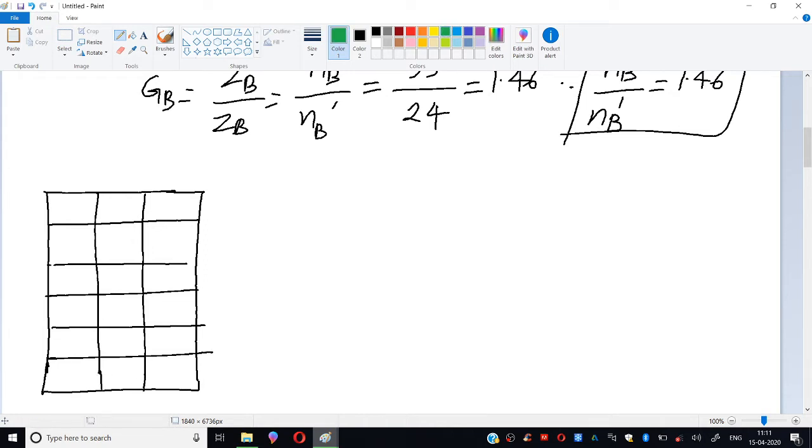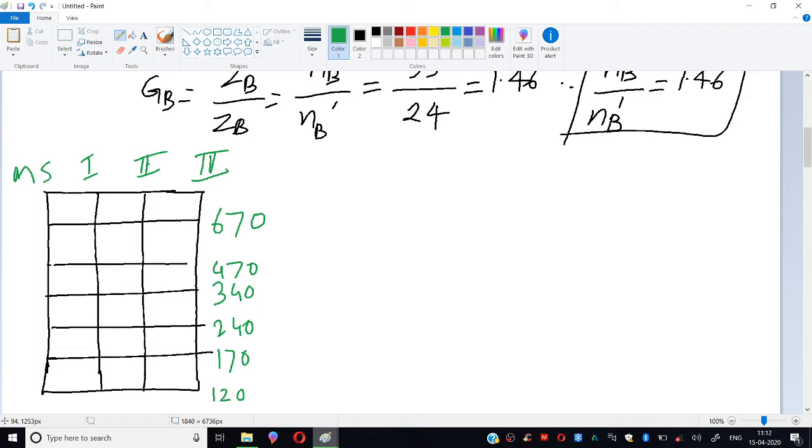From this, we know this is 120 rpm, 170, 240, 340, 470 and the last one is 670. This is shaft 1, 2 and 3, and this is the machine shaft. We will draw the speed chart diagram. We have already discussed these points, so I'll just quickly draw it.